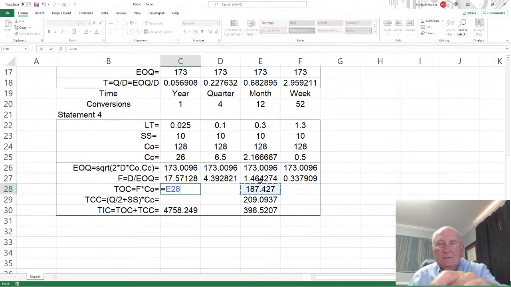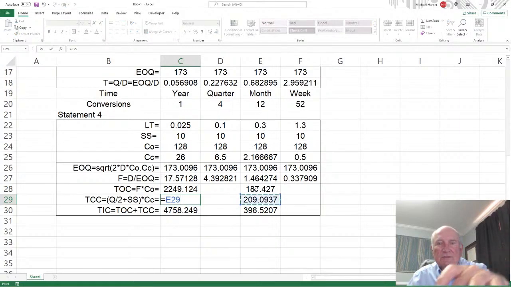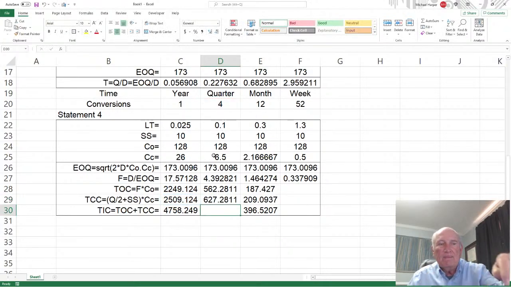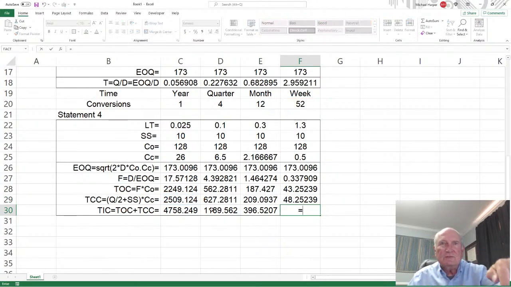This equals this times 12. This equals this times 12. This is going to equal this divided by 4. Equals this divided by 4. Equals this divided by 4. And finally, we have this divided by 52. This divided by 52.